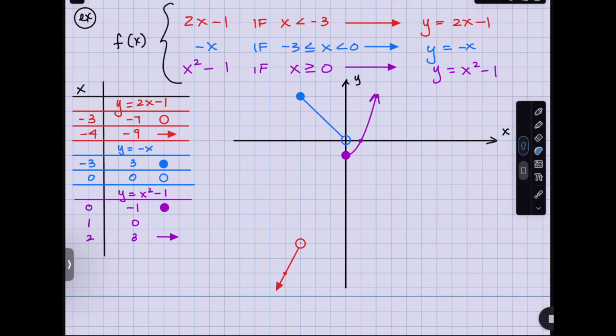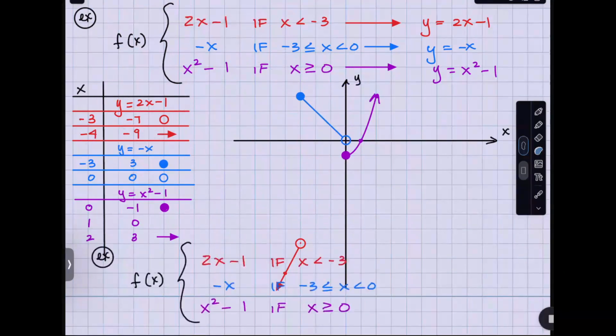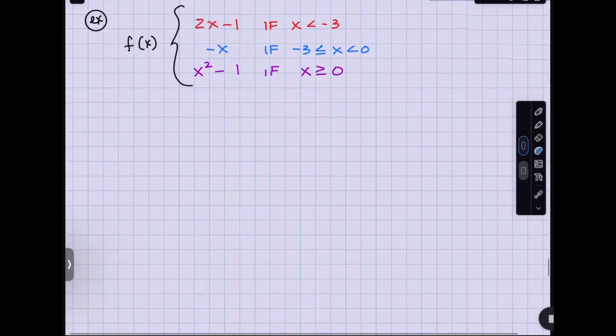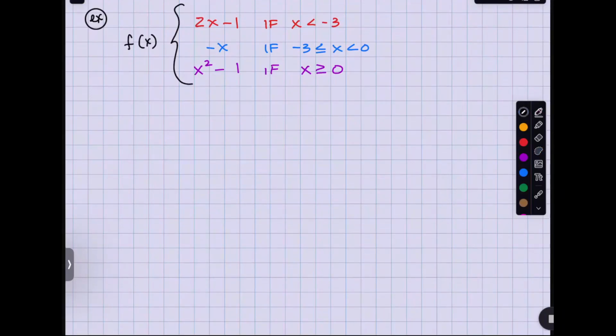You guys ready for the difficult part? Yes, there is a harder part. So let's say I'm not given the graph at all.